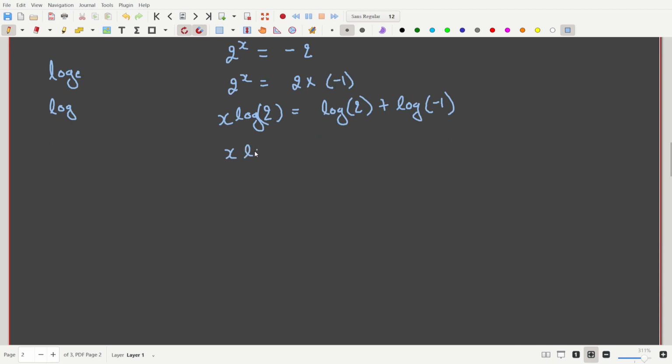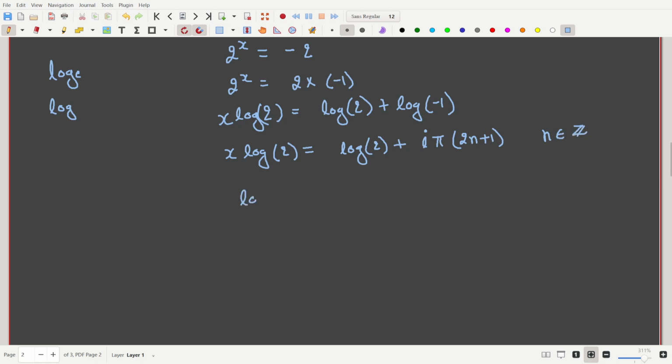Now x log 2 is equal to log 2 plus, now log of negative 1 is iota pi into 2n plus 1, where n is an integer.